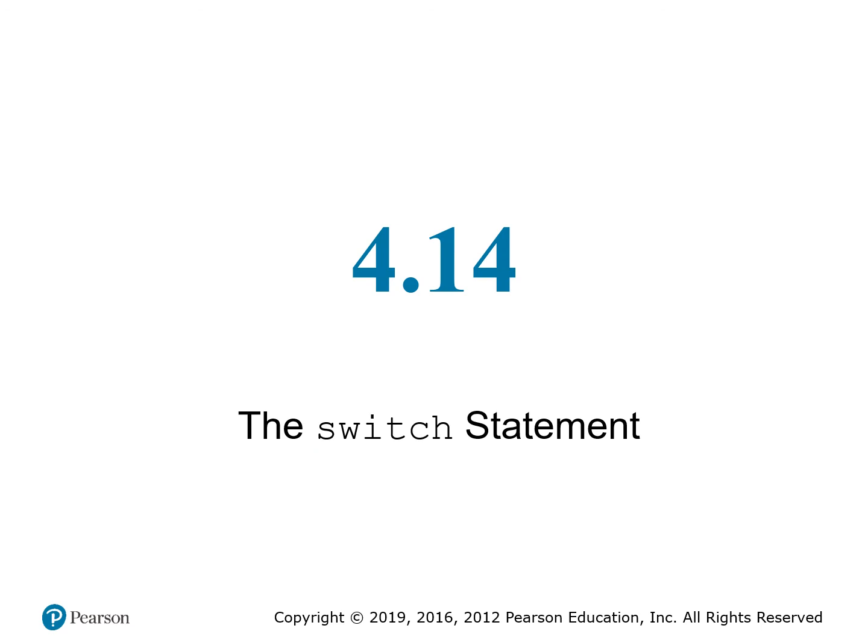The last thing we're going to talk about, the last major topic here, is the switch statement. This is a topic that some people leave completely out of their courses in C++ because it's not at all necessary, but it is a fun little shortcut, and some people really love it.